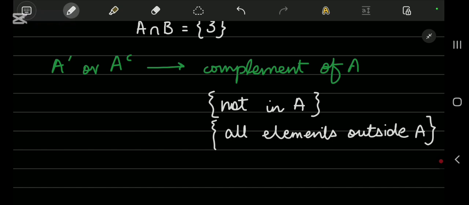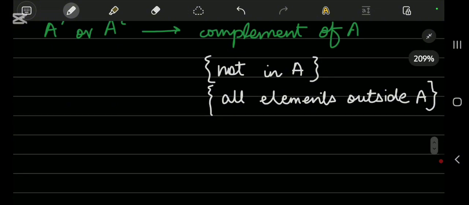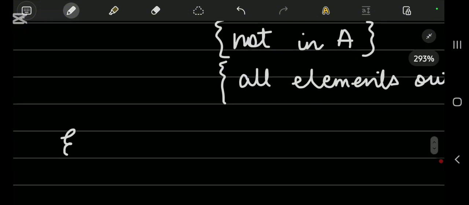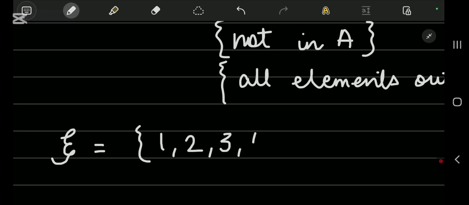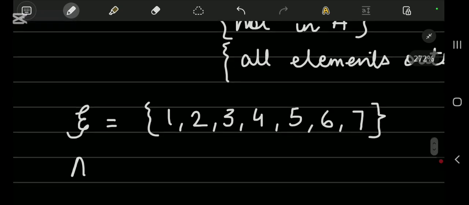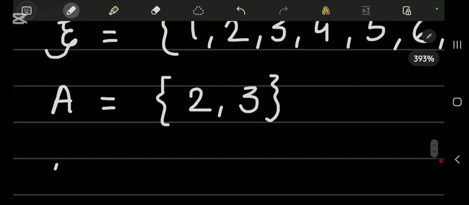Like if your universal set is given to be the set of natural numbers up till 7, let's say 1, 2, 3, 4, 5, 6 and 7. So this is your universal set or the universe of the question, and they represent a set A that is 2 and 3. So what will be your A complement, or A dash, or A prime?